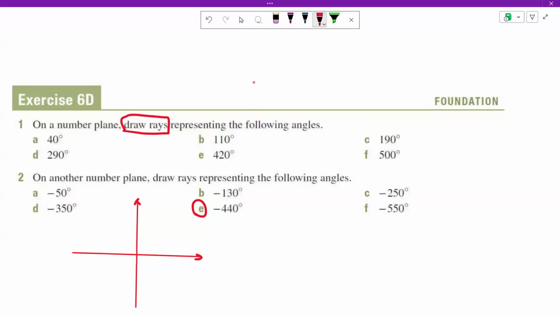It doesn't make sense to draw this directly. You say add a multiple of 360. How about adding 720? That gives me 280. Agree? That is 280. Once you have 280, you can see 270 is here and 280 is there. So that's the negative 440. The ray is pretty clear here.